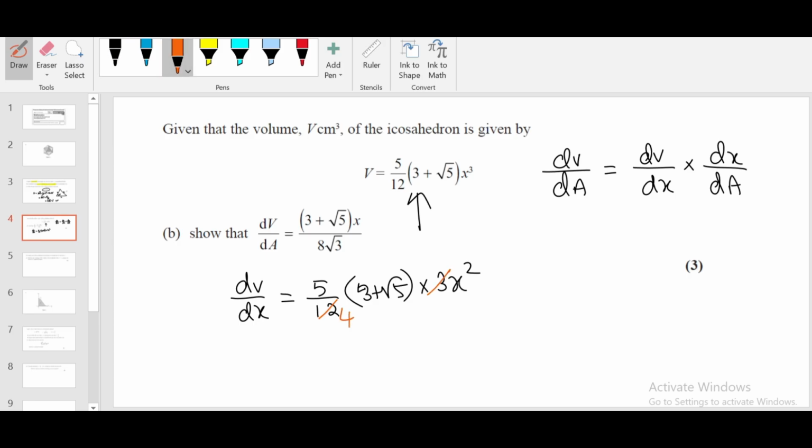Cancel this, it becomes 4. So you get 5 over 4 times (3 plus root 5) times x squared.